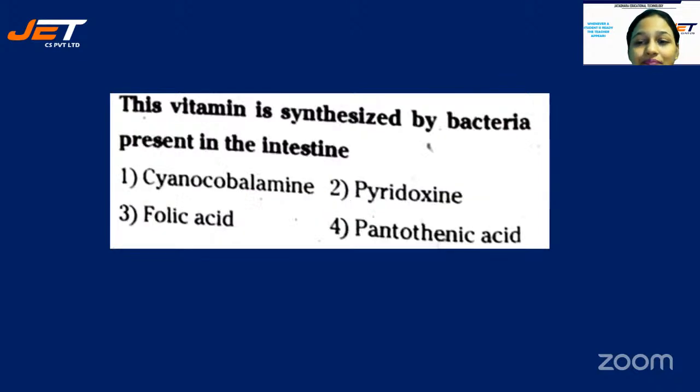Next question. This vitamin is synthesized by bacteria present in the intestine. You have to tell the name of the vitamin. Your options are number 1, cyanocobalamin; number 2, pyridoxine; number 3, folic acid; or number 4, pantothenic acid.